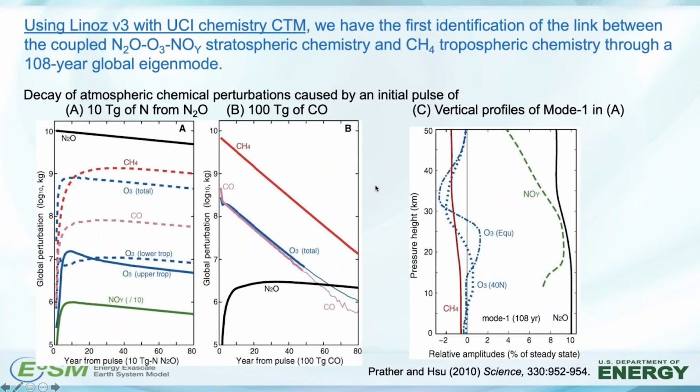This gives an example of applying Linoz V3 to study the coupling between the stratosphere and the troposphere chemistry. It's found that when we perturb the N₂O emission by 10 teragrams, this will induce a perturbation on the about 108-year global eigenvalue, and the methane, ozone, CO will decay according to that eigenmode.